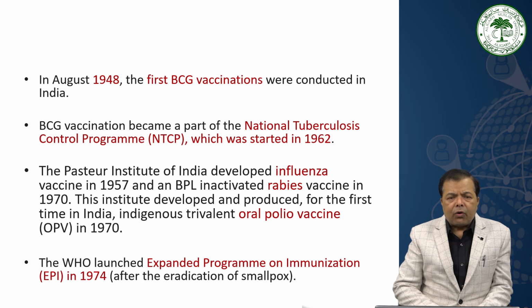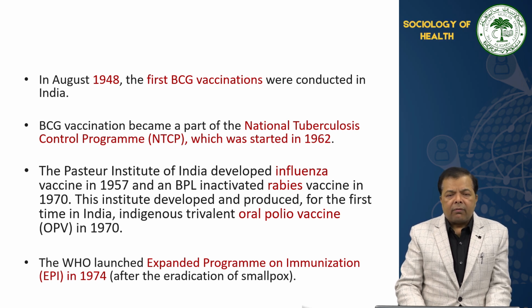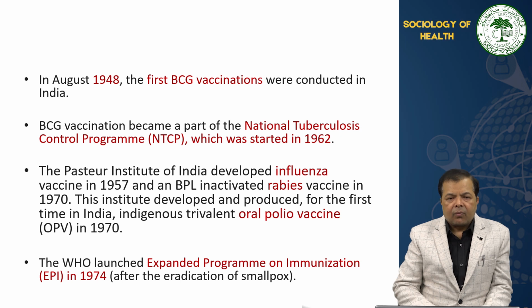In August 1948, the first BCG vaccinations were conducted in India. BCG vaccination became part of the National Tuberculosis Control Program, which was started in 1962. So, this is basically the vaccine, and it became part of the disease control program also. So, we are talking about this from the vaccine perspective.